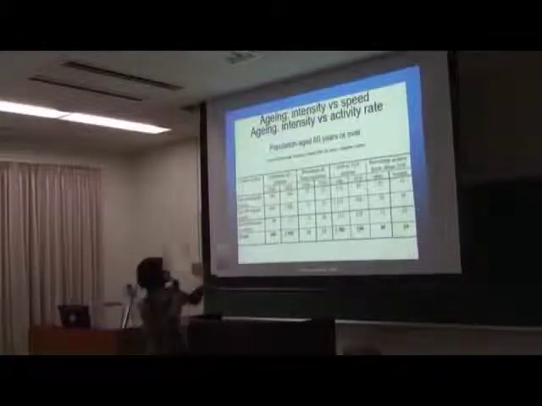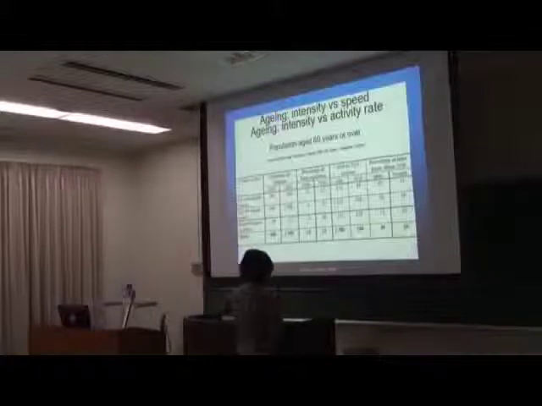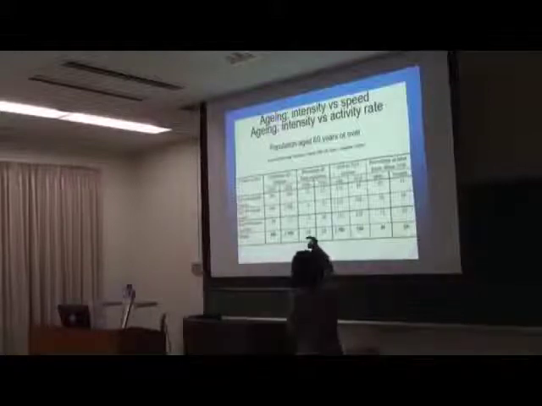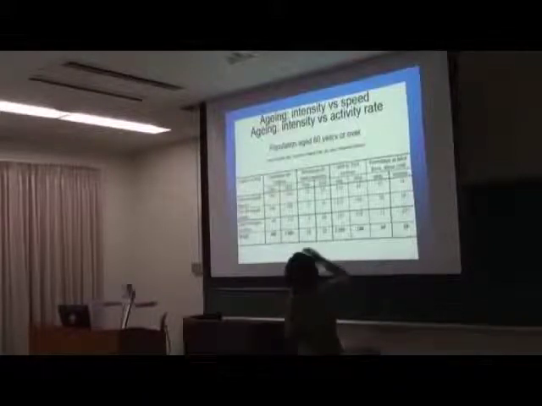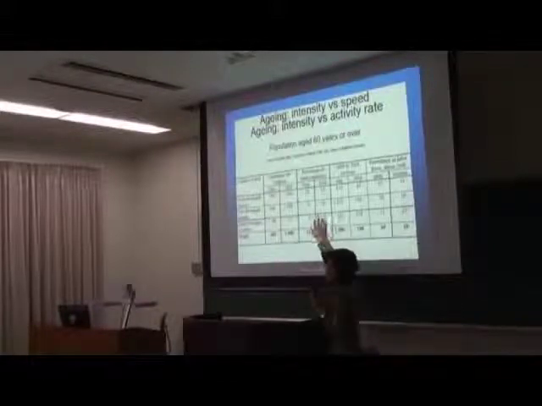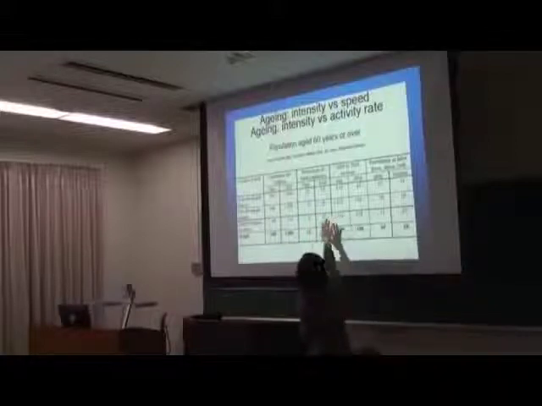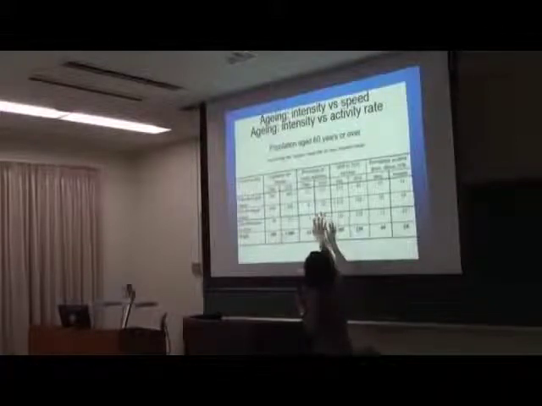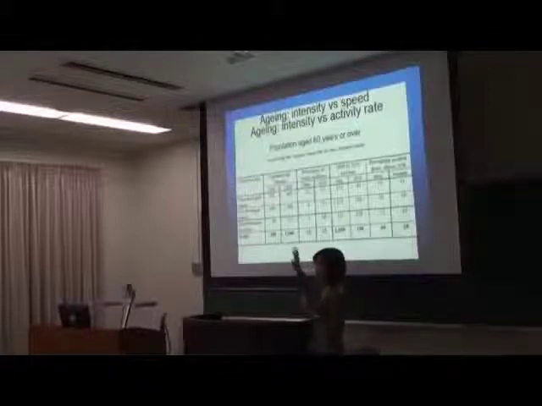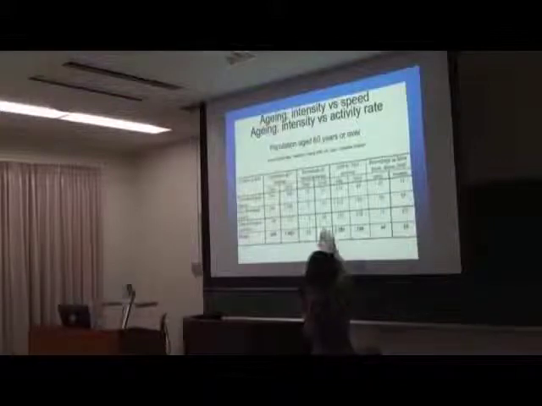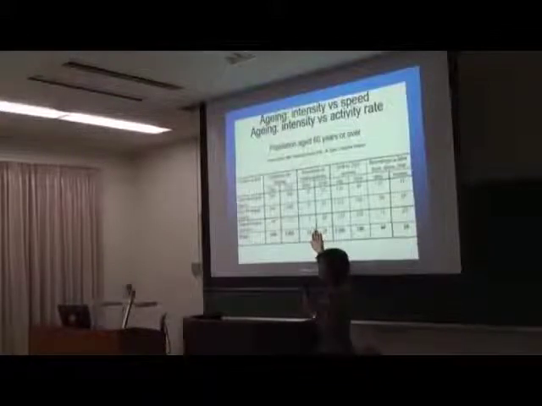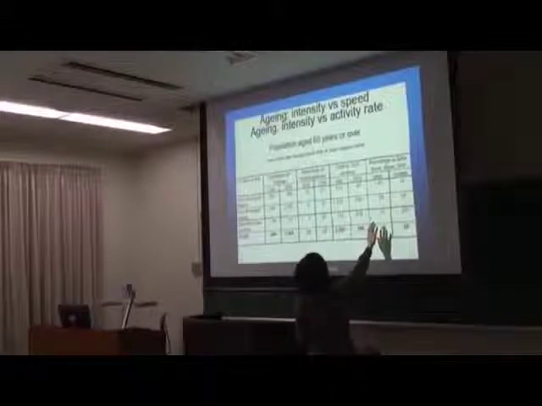You have to take a look at the second column here, because the size of the developing countries is very large. So when we take a look at the percentage, here you will see that the aging societies are more in the developed countries than in the developing countries, and less for this. Okay?